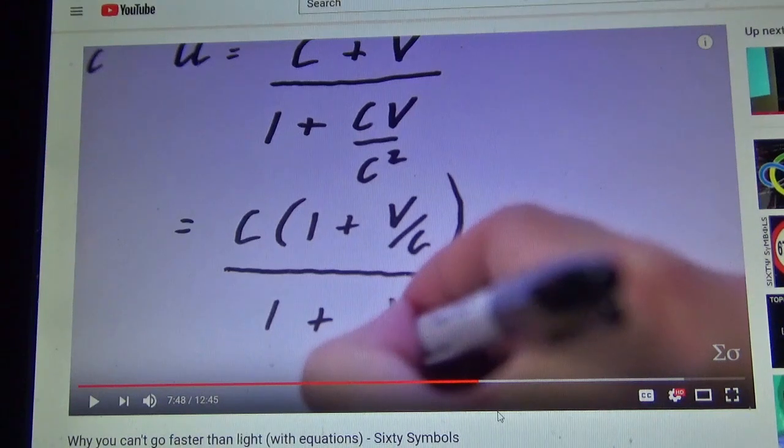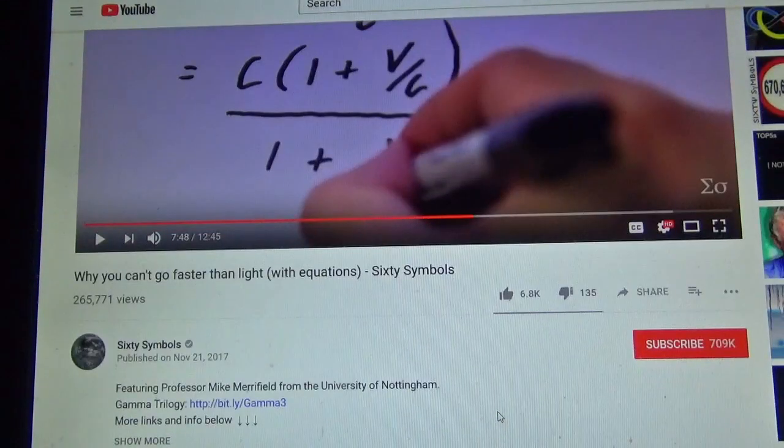So when they're making these claims about why you can't go faster than light with equations, it's a total mess in the maths. Not gone into sufficient explanation as to what is meant in each step of the maths. This all just doesn't follow.